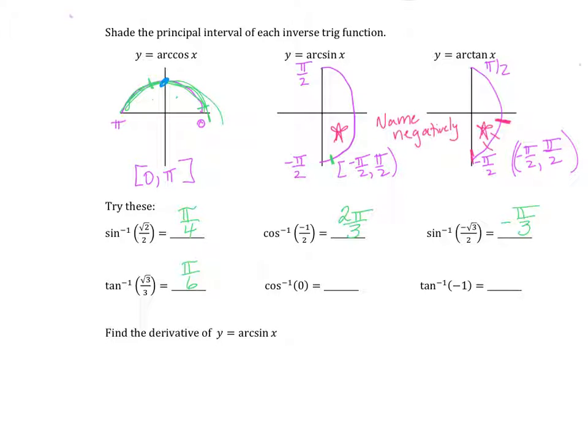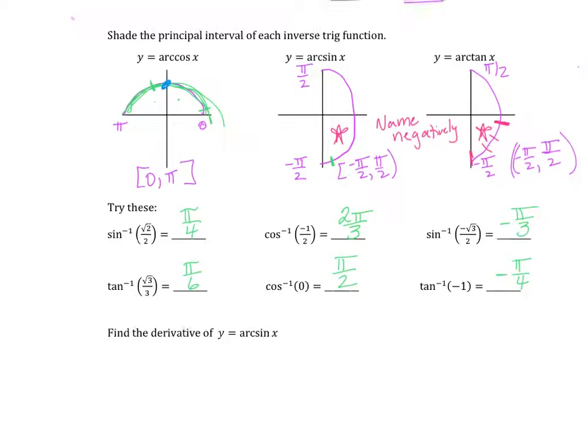That would be pi over 2. And finally, who has a tangent of negative 1? You know it's the pi over 4's, and because it's negative, remember I name it as negative pi over 4. Okay, so now that we have that evaluating in there, that's important because when we integrate later, you'll have to know those values.